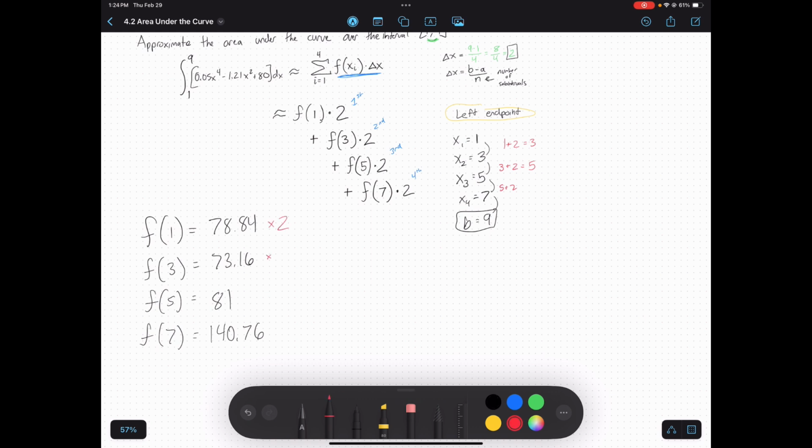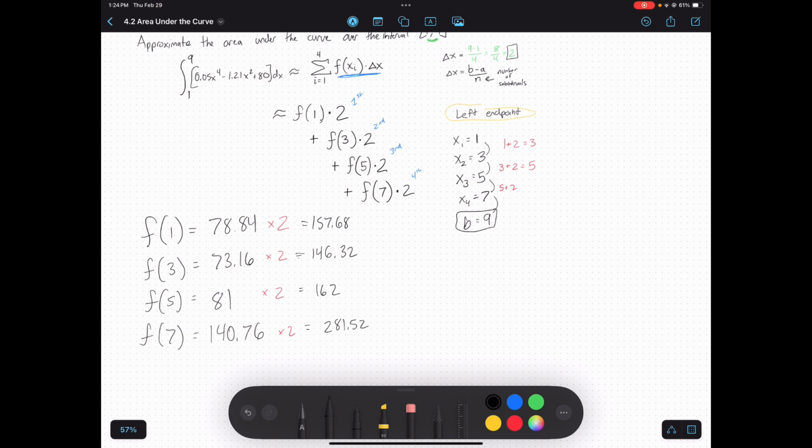When I do that, I get 157.68, 146.32, 162, and 281.52. Just a reminder, I found the function value and then multiplied it by 2 because that's my delta x. That's my width of each rectangle.